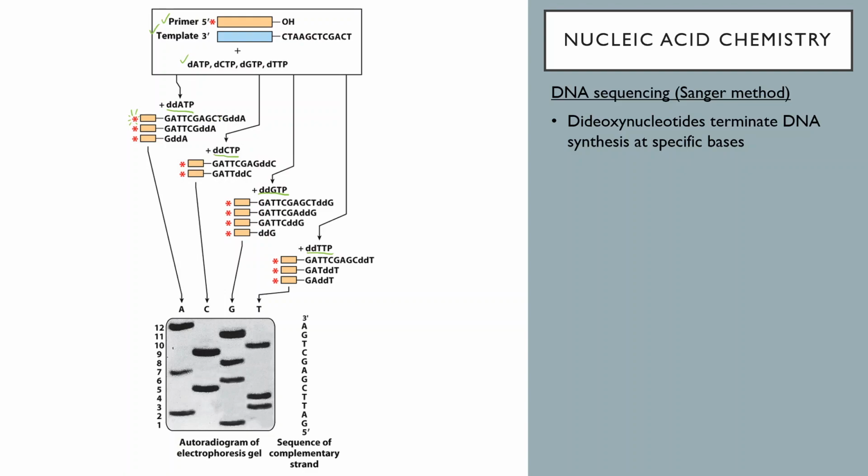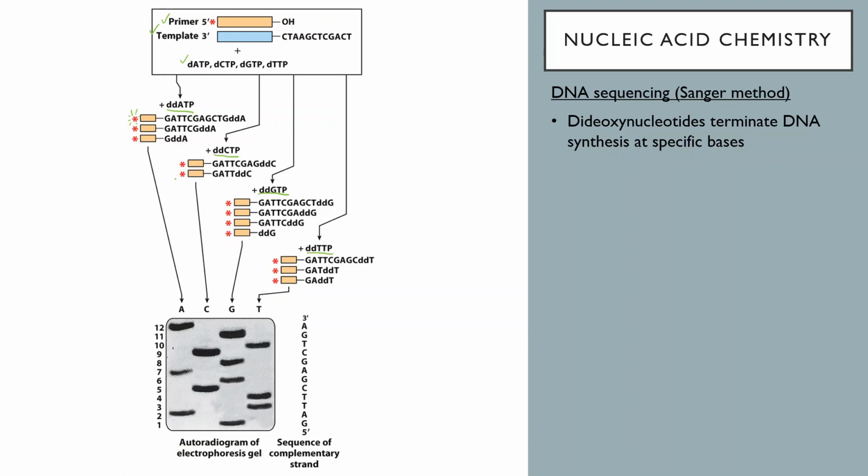And the position of that A, or the length of that piece, would correspond to how many bases there were between an adenine and the primer. Because if the DNA polymerase saw a T in the template strand, it would add either a regular adenine or a dideoxy adenosine.